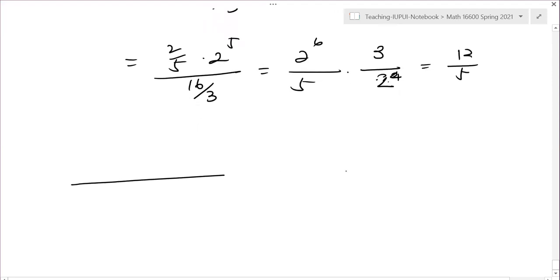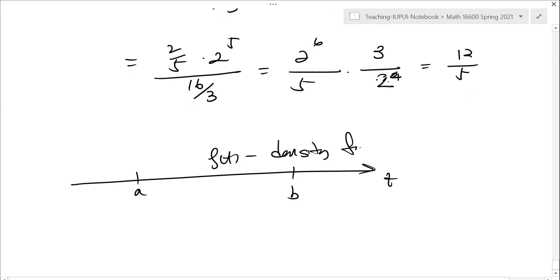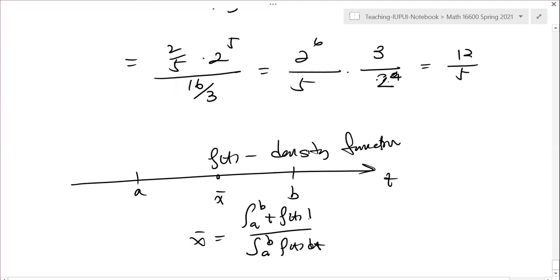So along the line, any t, if you have a and b, and you know the density function, then the formula, which I always keep saying, is from a to b, t rho of t over from a to b, rho of t. T could be x, could be y. It doesn't matter.